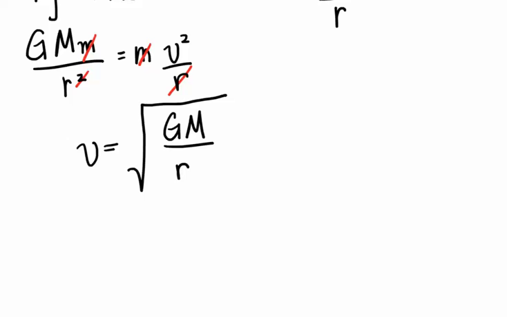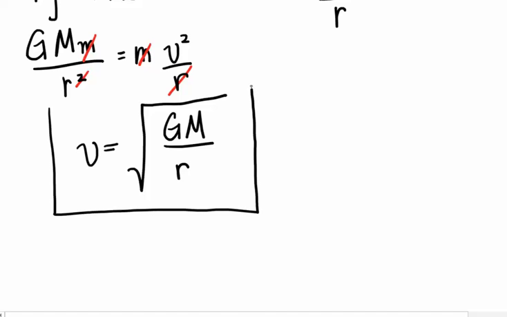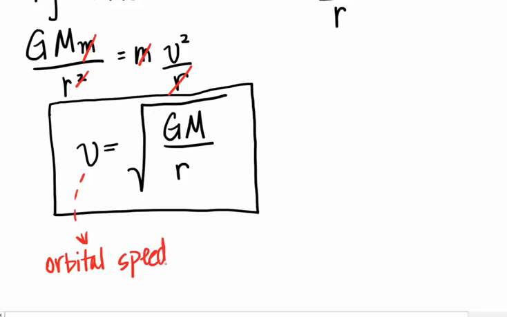I'd have to measure the radius of the orbit there. But this is the orbital speed of the satellite, or whatever it is that's orbiting. We can call everything that orbits a satellite because that's the definition. So this is the orbital speed, but we can also call it tangential speed.